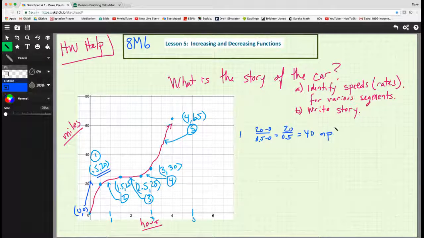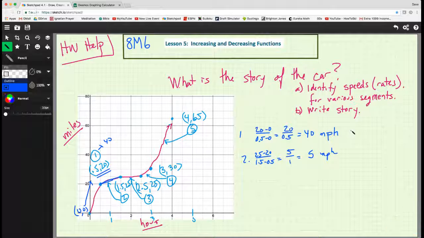I'm just going to write MPH. So 40 in here. Now we have to find it in here. Our difference is 25 minus 20 over 1.5 minus 0.5. And so that's 5 over 1, which is equal to 5 miles per hour.